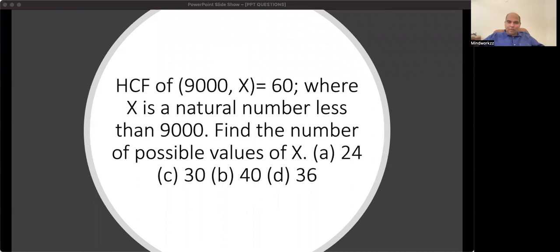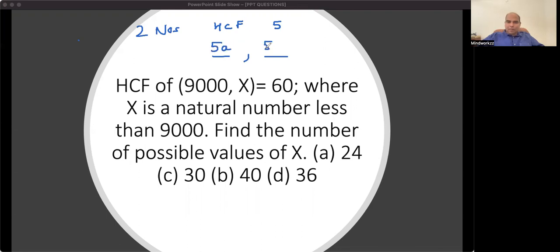And the first thing you need to understand in this question is that when you say that, let's say there are two numbers whose HCF is, let's say 5. So the two numbers would necessarily be in the form of multiples of 5, first of all.